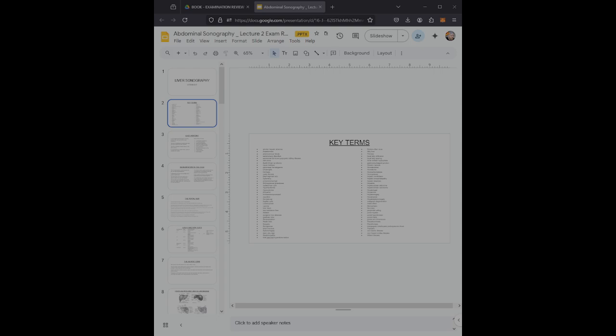Caput medusae, we know Medusa is the Greek mythological creature that has snakes for hair. And when we say caput medusae, we are referring to Medusa's head. Cavernous hemangioma, it's the most common benign liver tumor. Cholangitis, inflammation of the bile ducts.